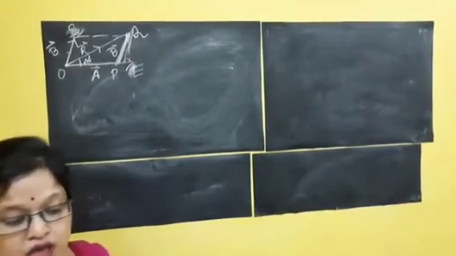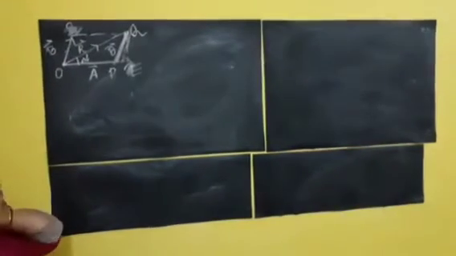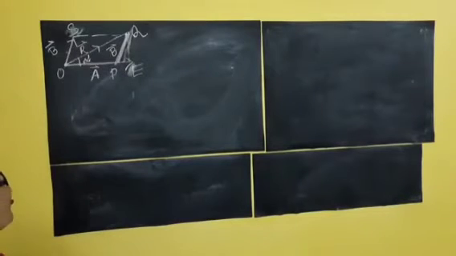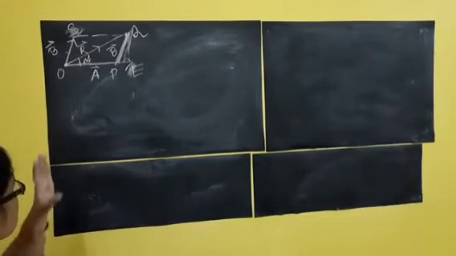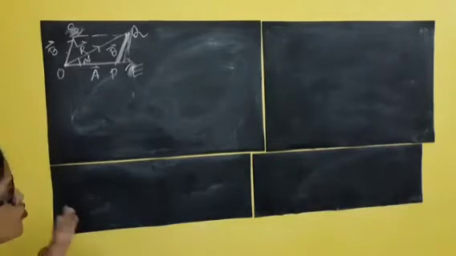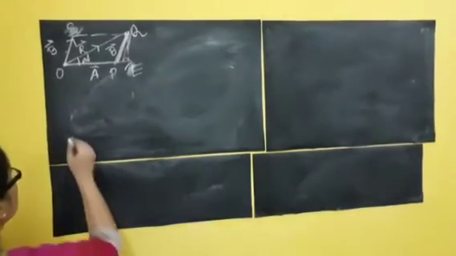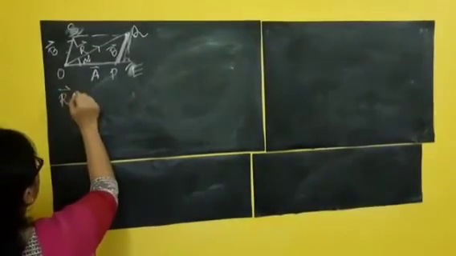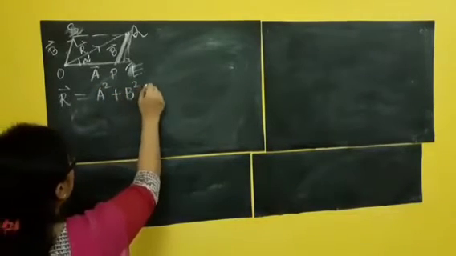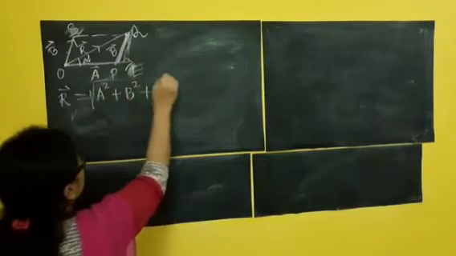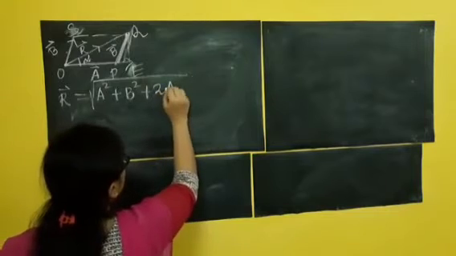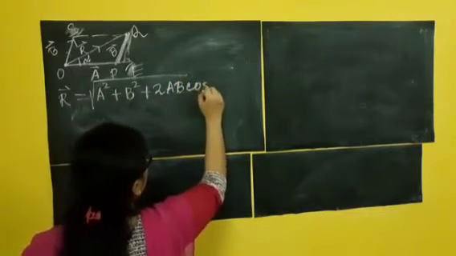So here also, if I do all the calculation, I will get the triangular law of vector addition. For this triangle, if I calculate the triangular law of vector addition, then for the parallelogram law also, vector R equals root under A square plus B square plus twice A B cos theta.